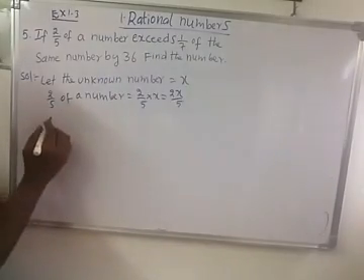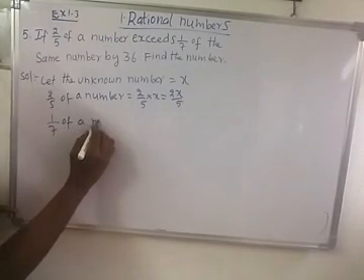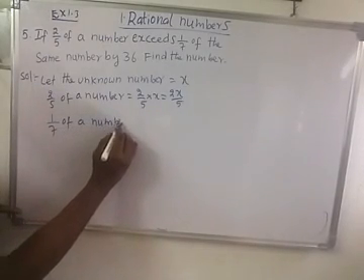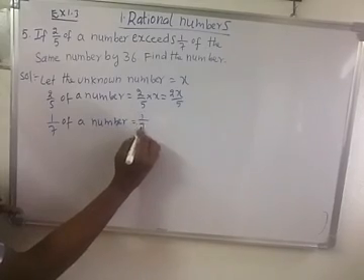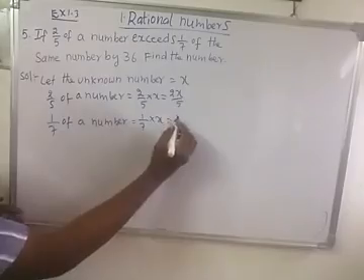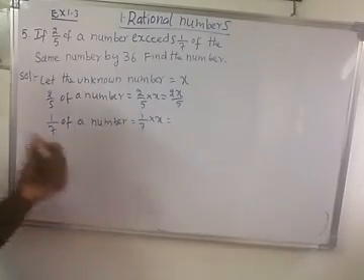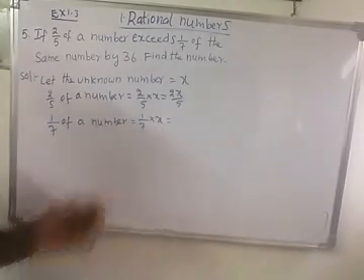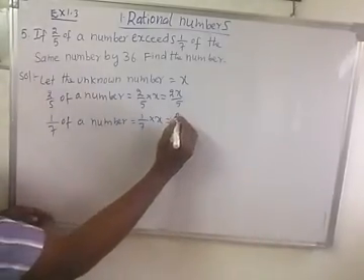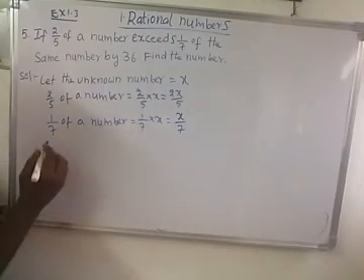Next, 1 by 7 of the number is 1 by 7 into x, that is x by 7.